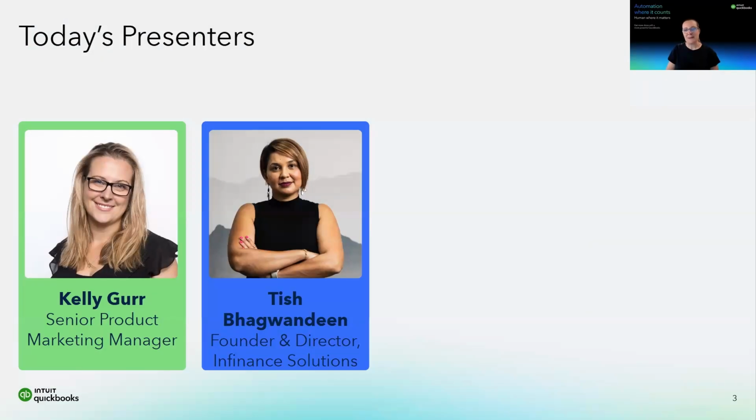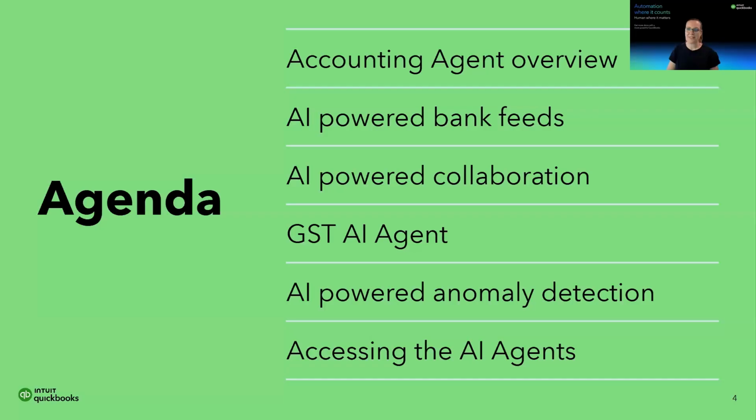So as I mentioned, my name is Kelly and we'll be joined today by Tish Bagwadeen, Founder and Director of InFinance Solutions. Today, Tish is going to take you through a deep dive into a couple of features in the Accounting Agent and the GST AI Agent, and how they will benefit you and your clients.